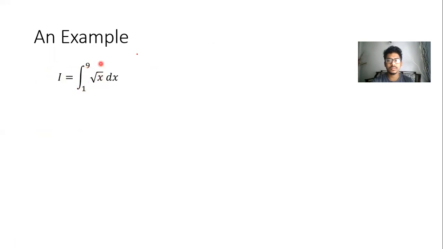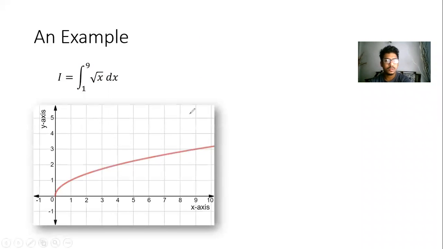Okay, so we want to do this integration. So first let's consider the graph of this function. If we plot this graph, we will get something like this. So this is the graph of square root of x. In this function, we want to integrate from 1 to 9. So here's the 1.